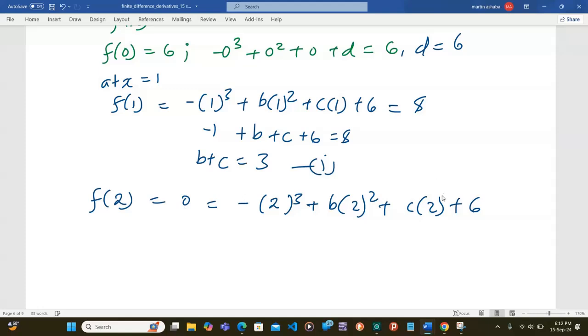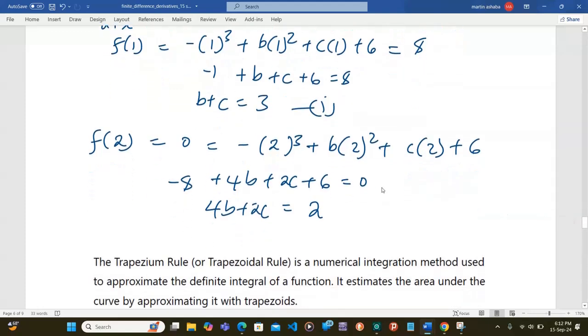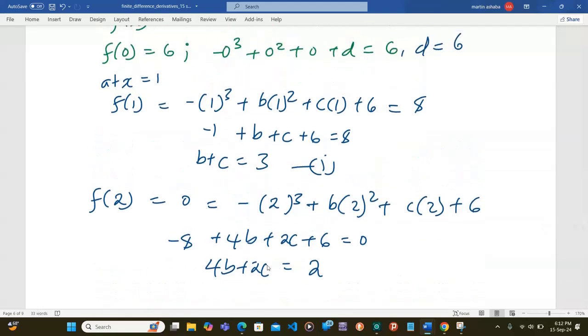So this becomes -8 plus 4b plus 2c plus 6, which is equal to 0. This is -2, and therefore it will go to the other side. So 4b plus 2c will equal 2. If I divide both sides by 2, this becomes 2b plus c is equal to 1.